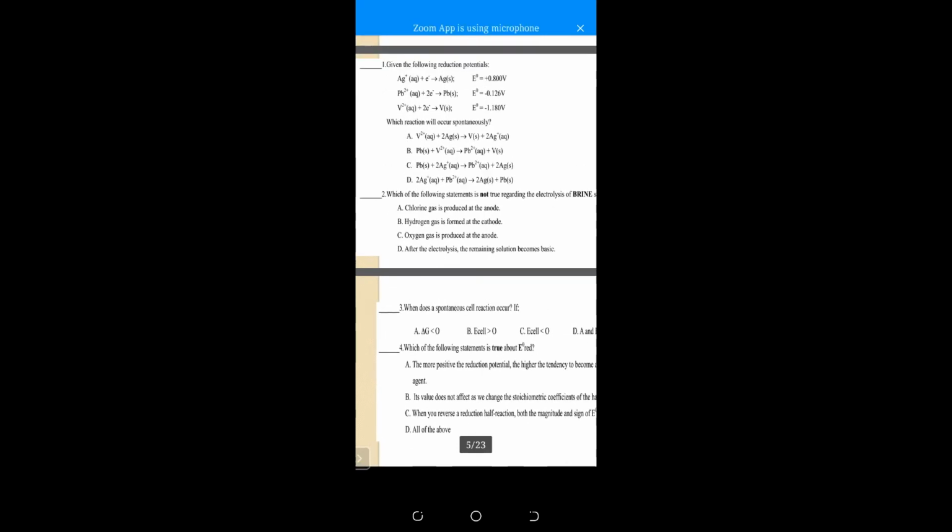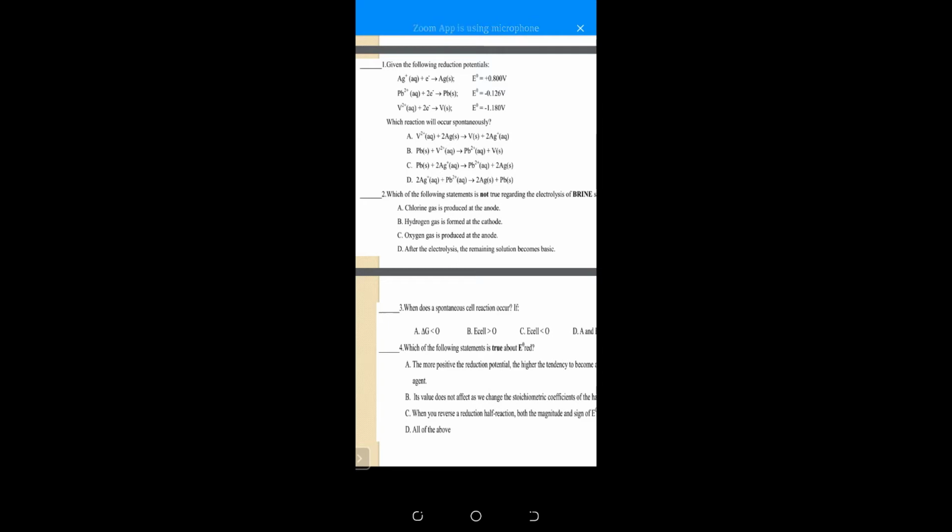Moving on to the other worksheet. Given the following reduction potentials, which reaction will occur spontaneously? How do we solve this? There is a formula for E of cell. E naught of cell is equal to E of reduction at cathode minus E of reduction at anode.